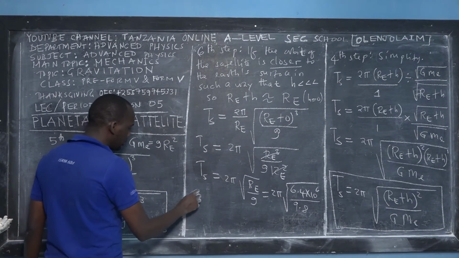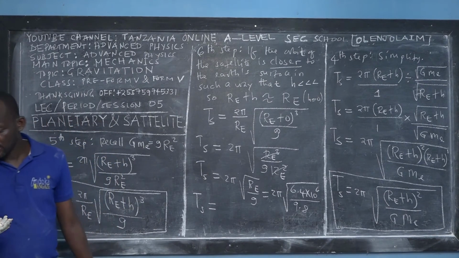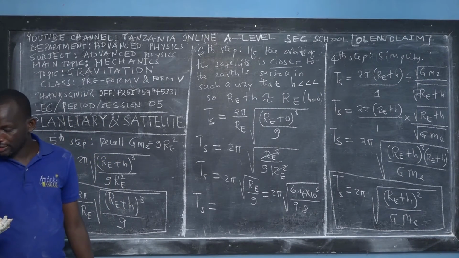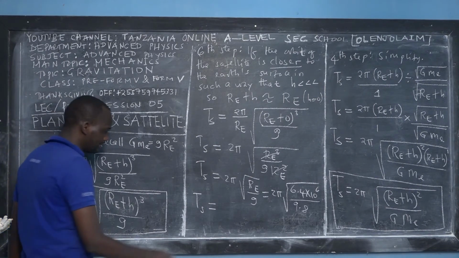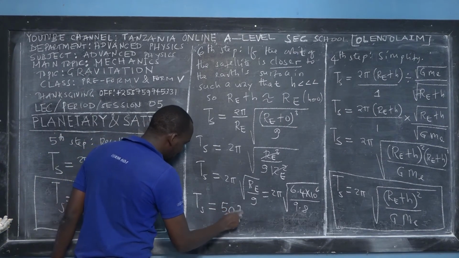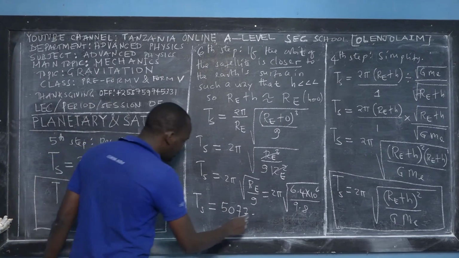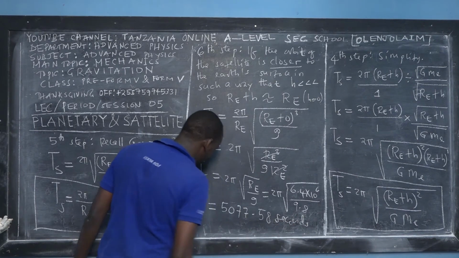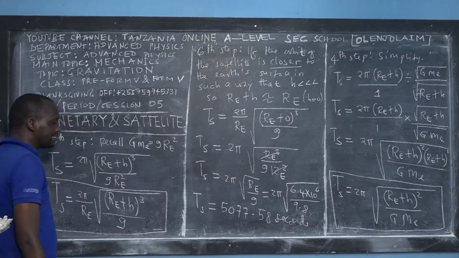So then the period of the satellite revolving around the Earth, if you use your scientific calculator properly, we'll get 5,077.58 seconds. Very small time, which means that this will be a high speed satellite.